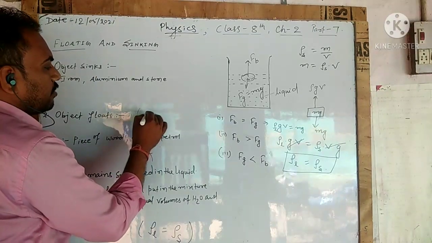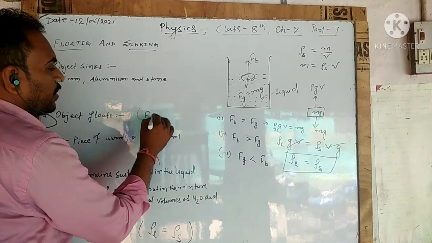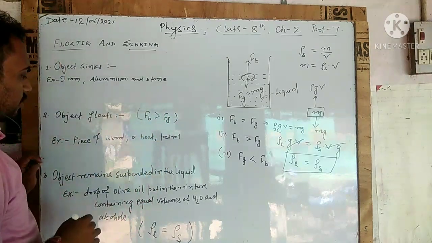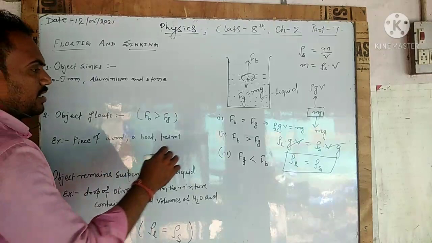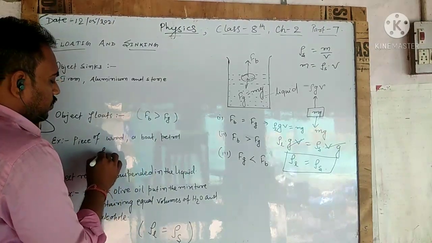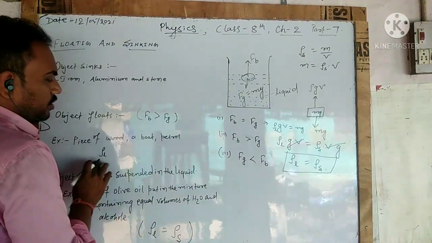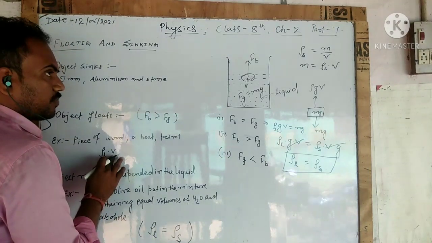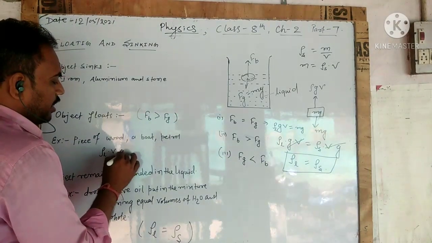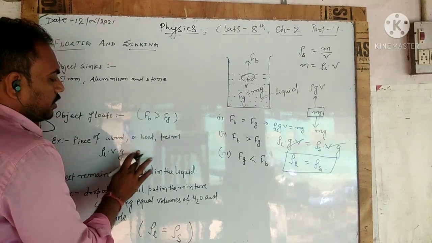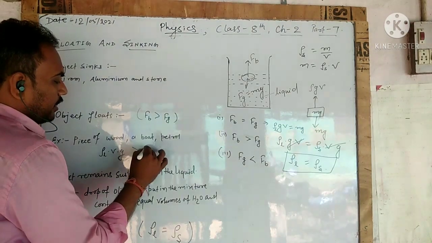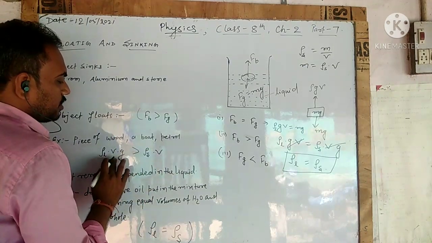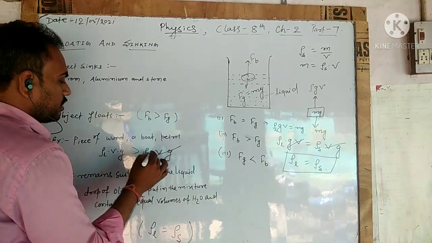This means rho liquid, the density of liquid, into volume of displaced liquid into g, is greater than density of substance into volume of substance into acceleration due to gravity.